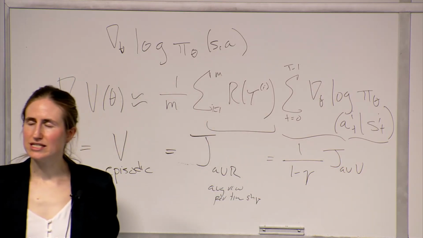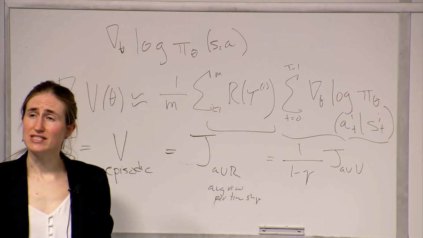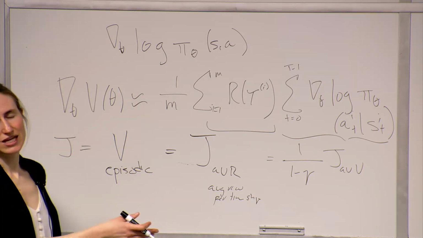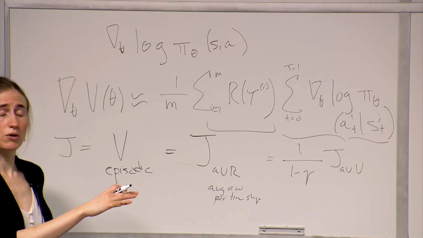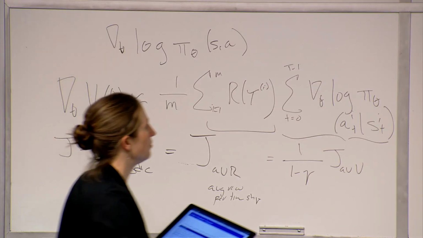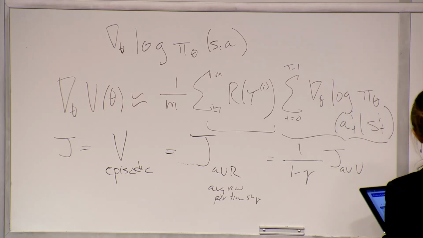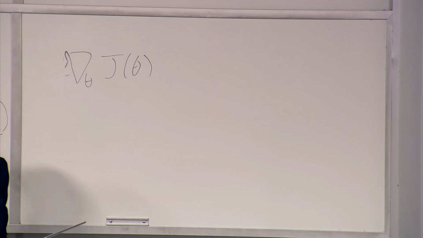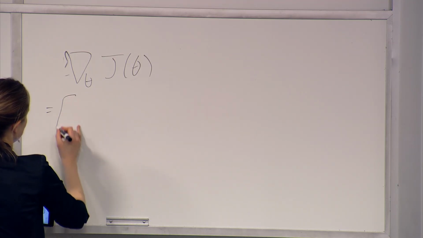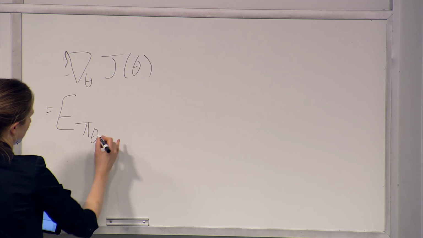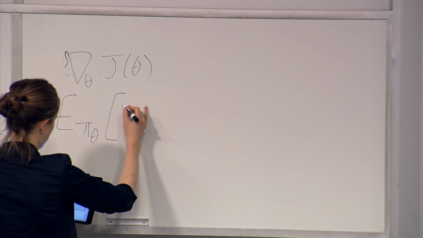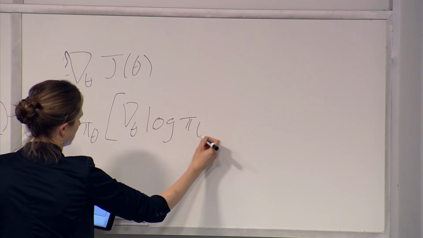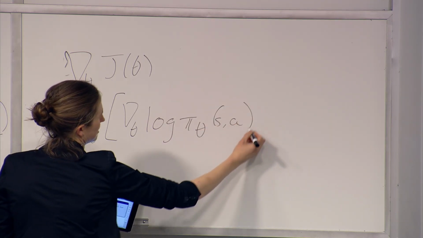Let's say we're always continuing and we want to average over the distribution of states that we encounter. It turns out in all of those cases, you can do a similar derivation to what we did here for the episodic case. And what we find is that the derivative of our objective function, which can now be any one of these different objective functions, is equal to the expected value under the current policy of the derivative with respect to just those policy parameters times Q.